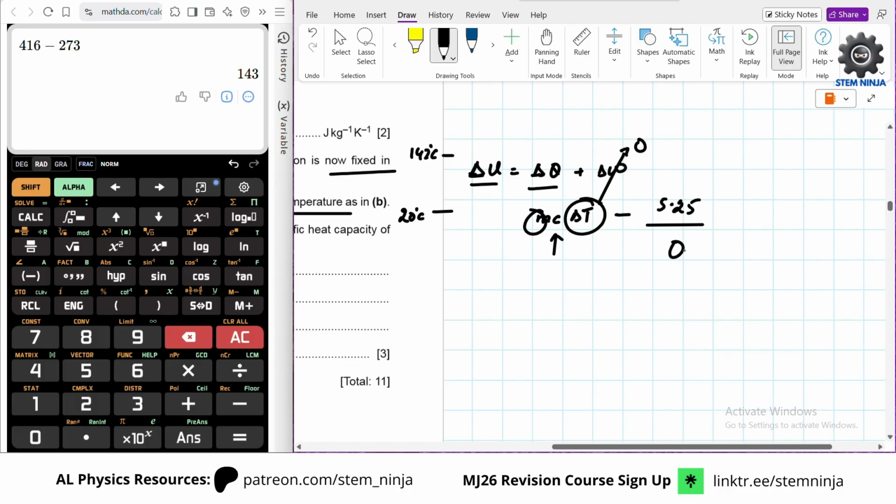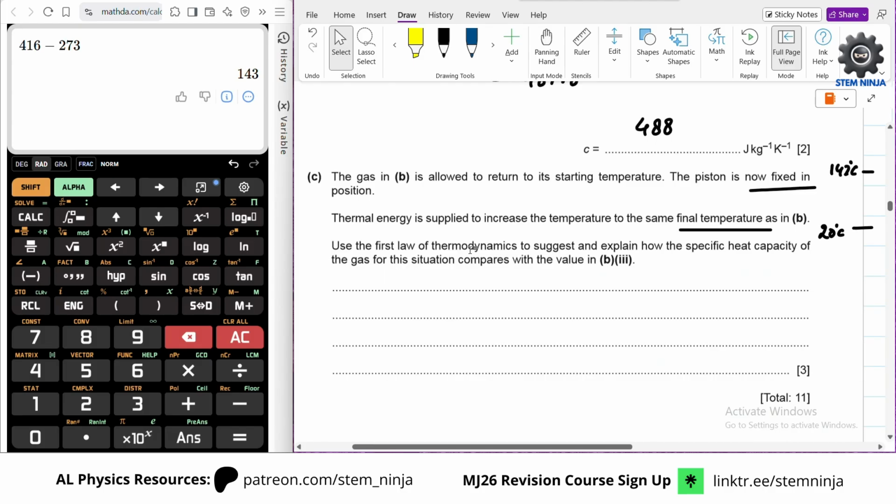Now it's 0. Okay, so previously the 5.25 was added in delta Q. Now it's not added. So delta Q is lower this time. The mass is constant, change in temperature is constant, so therefore C is lower. So that's what we just need to write.